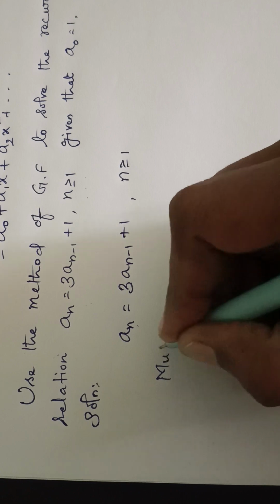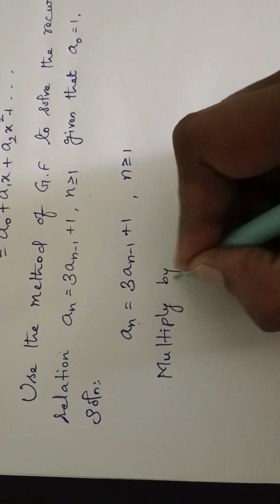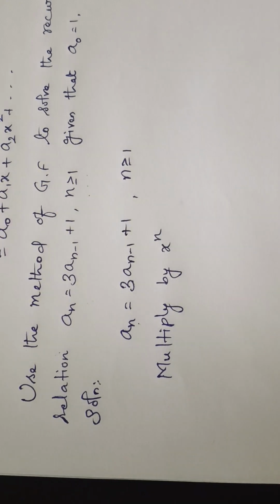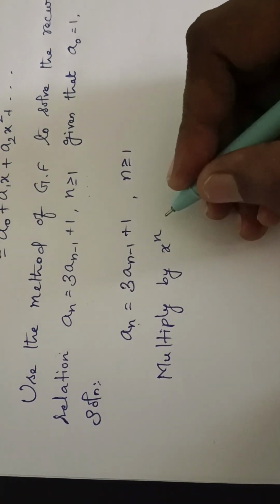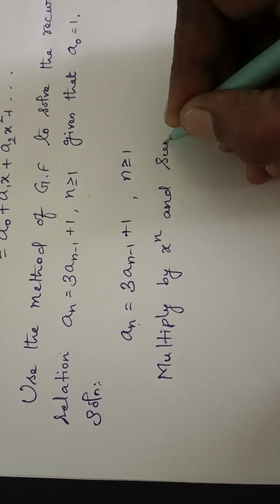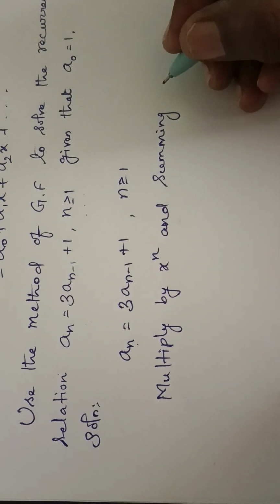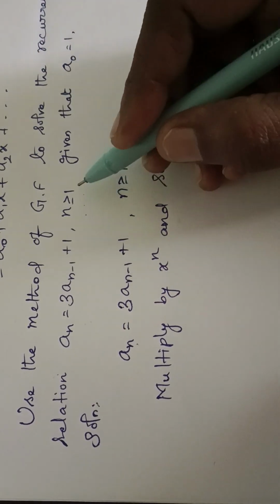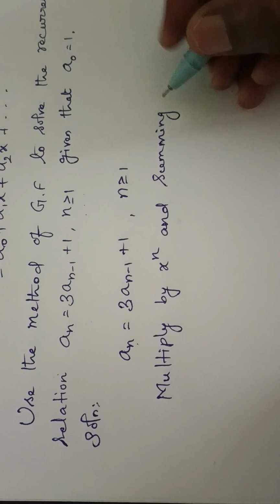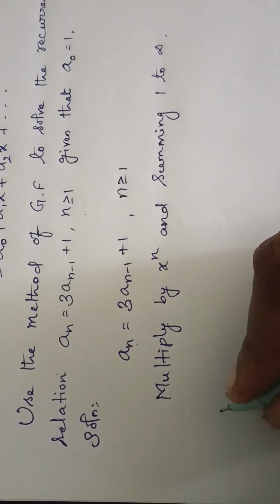So multiply by x power n. Here the function is in n, so x power n and summation. The generating function general term is 0 to infinity, but here n is greater than or equal to 1, so summing 1 to infinity. So what is the condition?